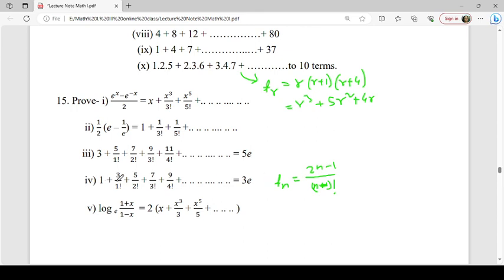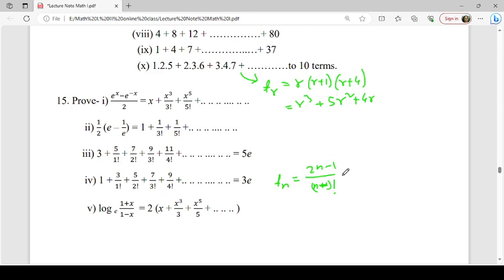Means the second term, when n is 2, is 3 by 1 factorial, and the fourth term is 4 into 2 minus 1, 7.